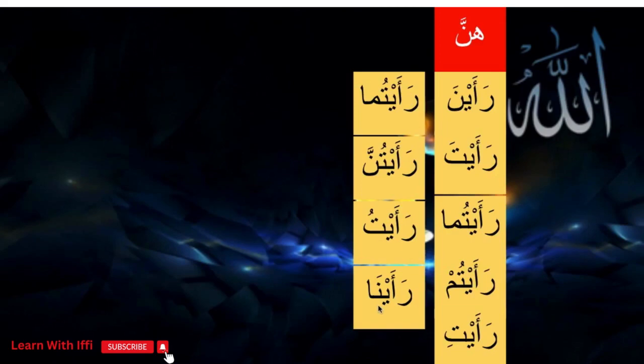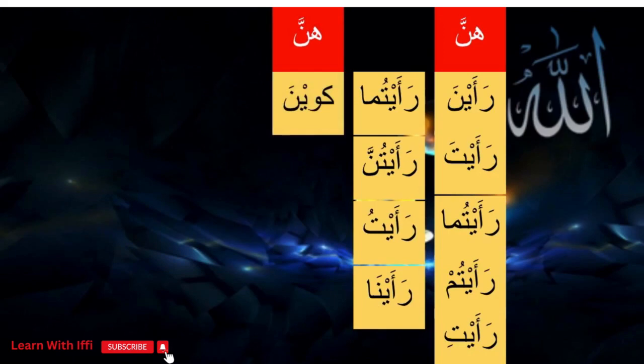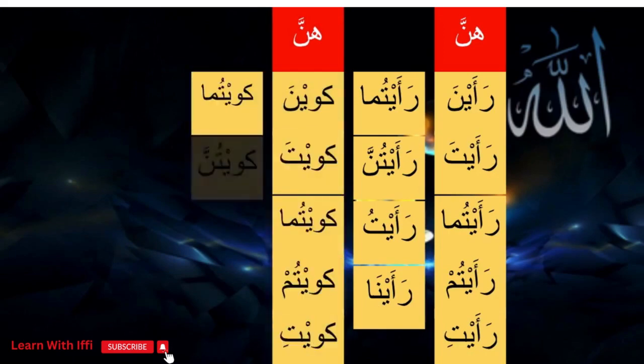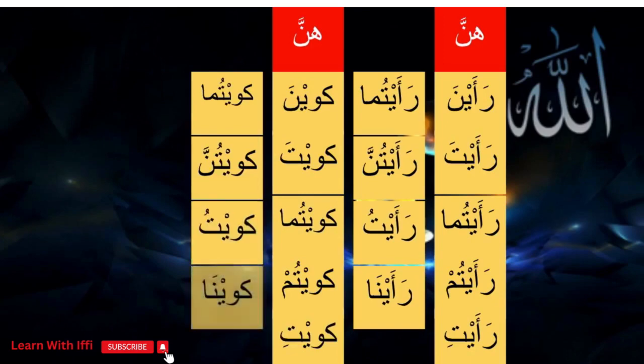The same thing with kawa. When hunna comes, that ya alif maksura turns into ya, and that ya will get sukoon. So with hunna, kawa becomes kawaina. Kawaina, kawaita, kawaituma, kawaitum, kawaiti, kawaituma, kawaitunna, kawaitu, kawaina. We won't be doing the initial part because it's a different conjugation we'll be doing later on, inshallah.